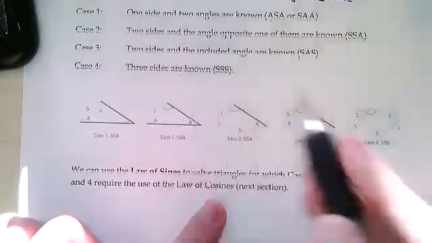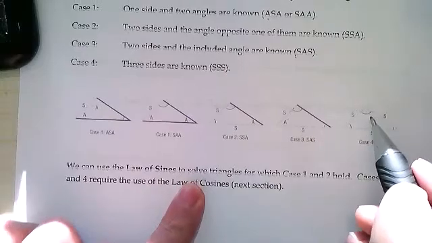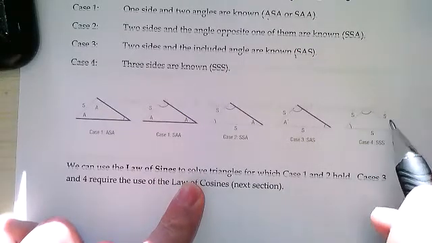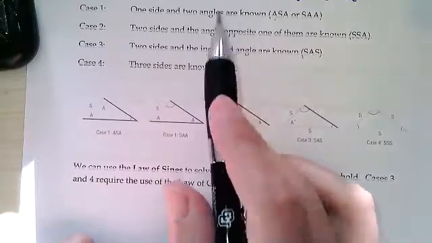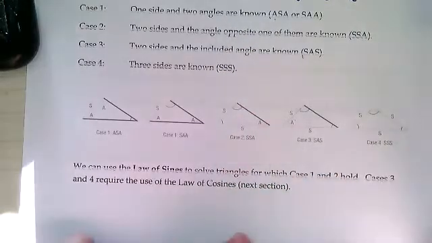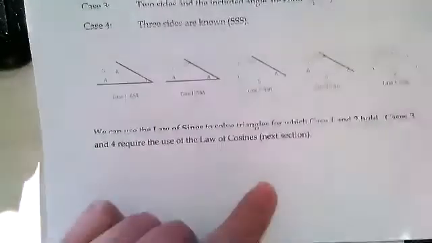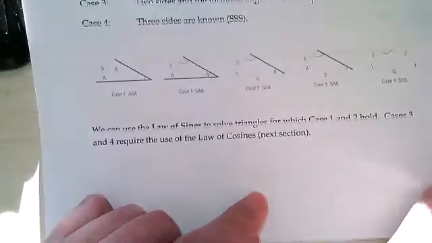The last case, you just know all the sides, you don't know the angles. So SSS. Okay, so we know 4 scenarios. Now we are going to learn the law of sines in order to figure out all the details about the triangles.